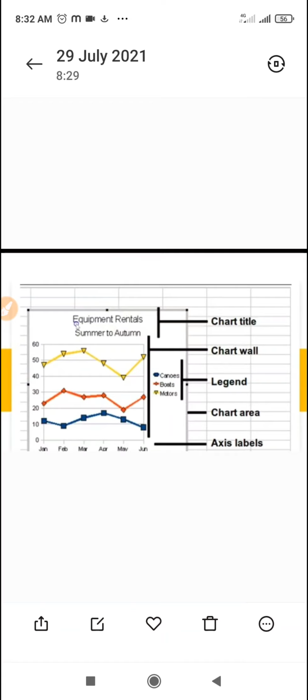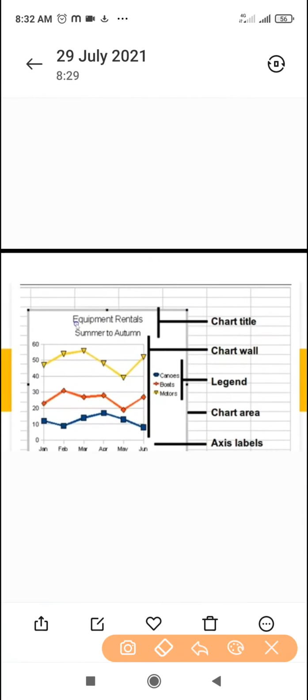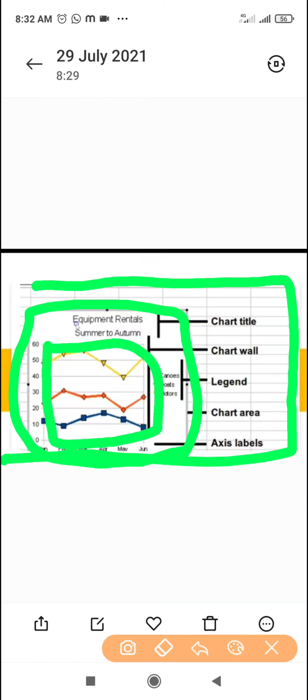As you can see, this is also a chart, and in this figure you can see one big box, and in the big box you have the chart. So here we have two components, the chart area and the plot area.